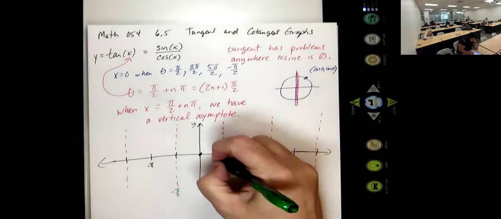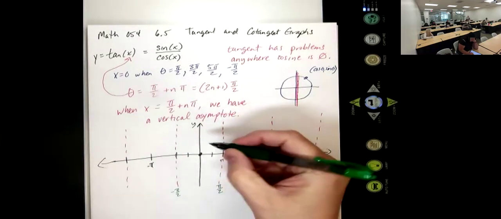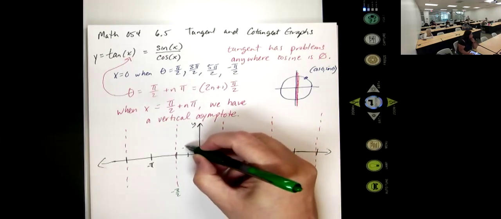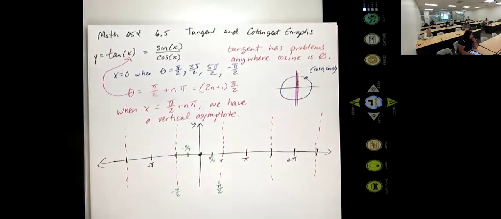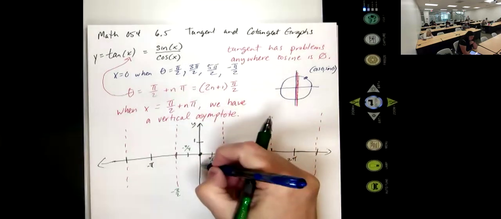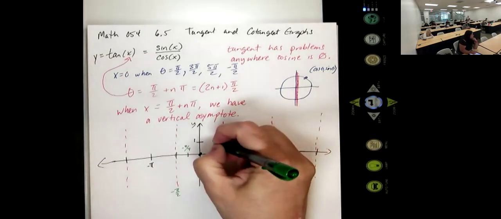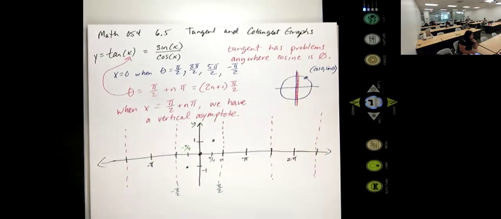And then the only other ones that are really easy to mark are the pi over 4 lines. At pi over 4, 45 degrees, sine and cosine have the same value, and so sine over cosine is 1. And negative pi over 4, sine is negative but cosine is positive, so you get a negative 1 for negative pi over 4.